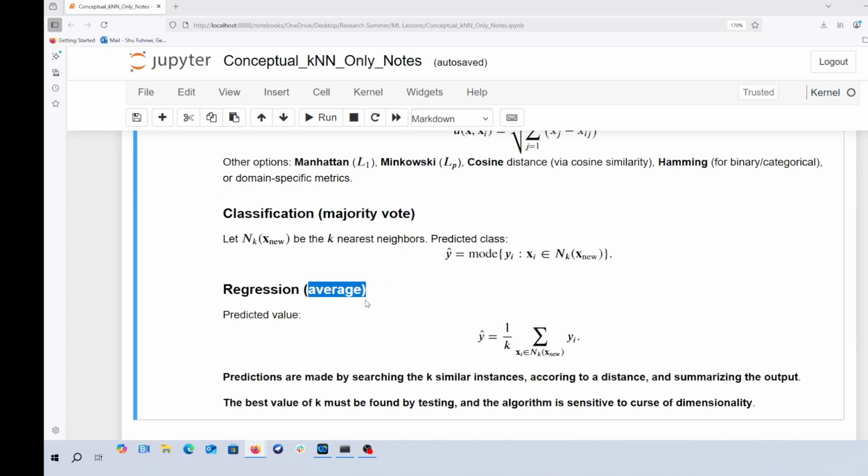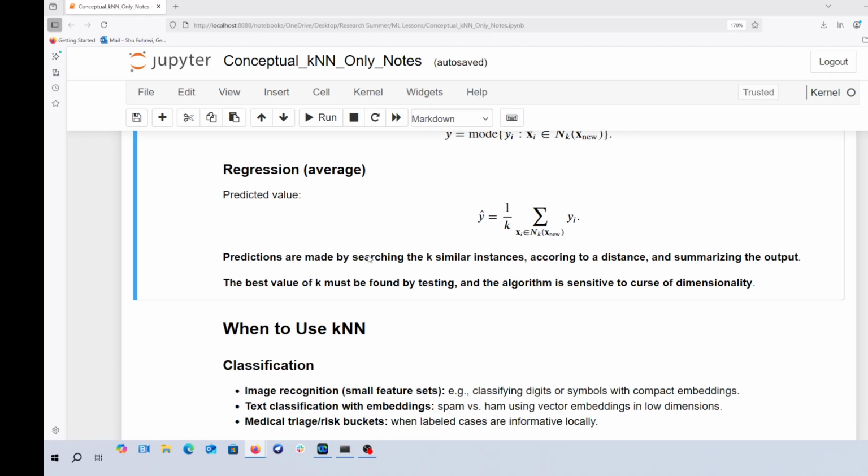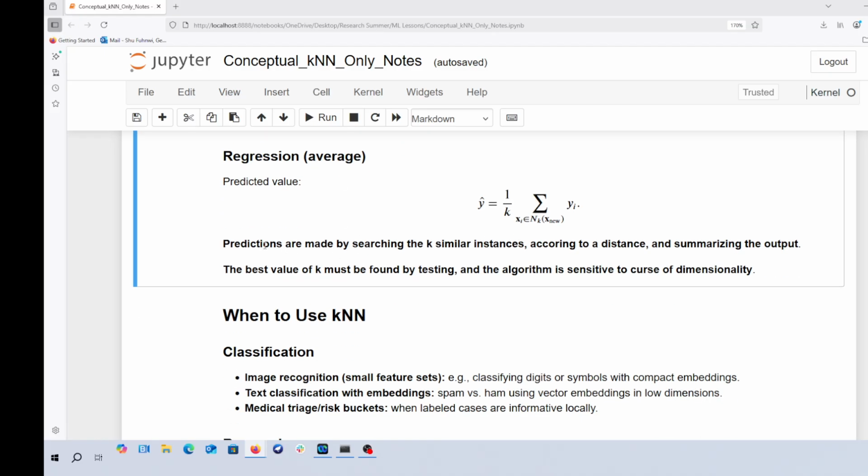But for regression problems, we are not going to be picking that majority vote. What we are going to do is look at the average of all those points that are closer to that neighborhood. So that is how KNN works for both classification and regression problems. One thing we have to note here is that predictions are mostly made by searching the k similar instances according to a distance and summarizing those outputs, as I have been mentioning.